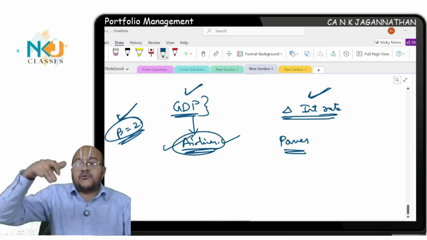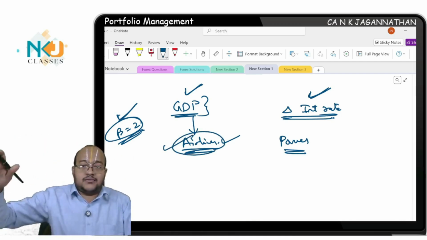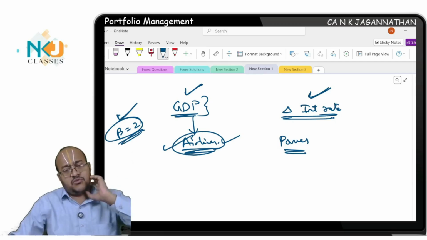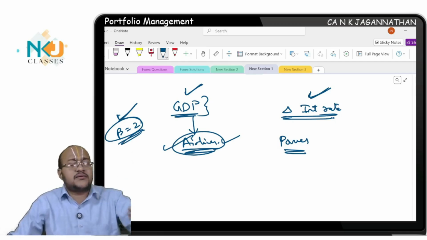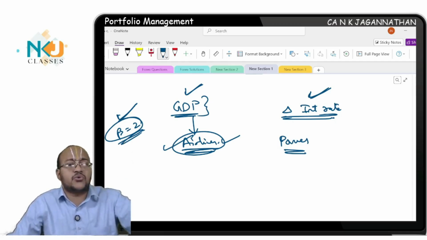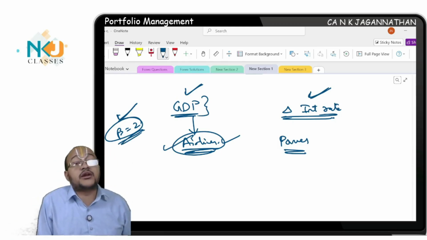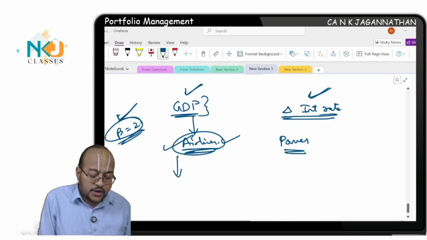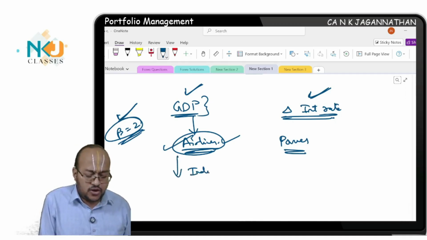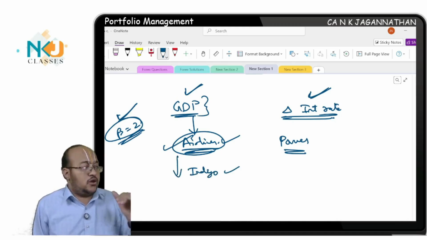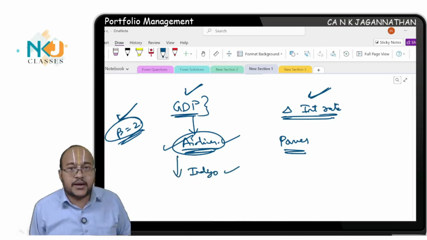Why? Because travel, hotels, and other luxury businesses all get affected by GDP. Hence, the airline business will report reduced earnings, and because of that the stock price of Indigo or other companies will fall. Are you all understanding how it is getting impacted?